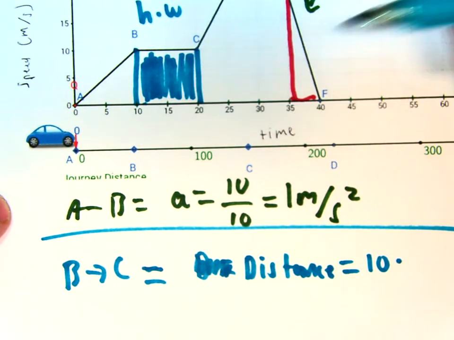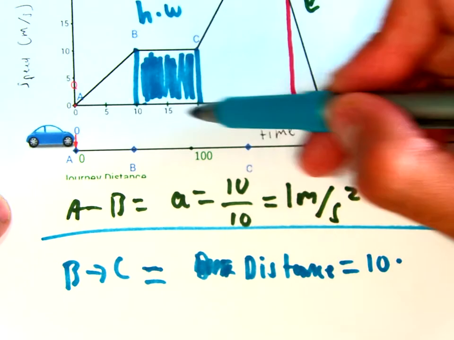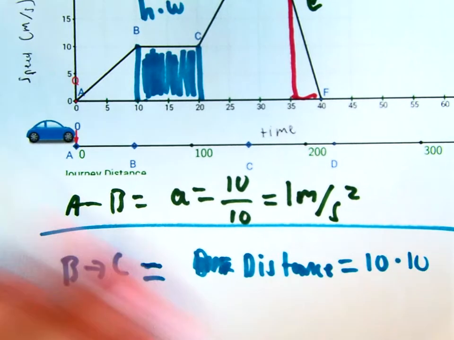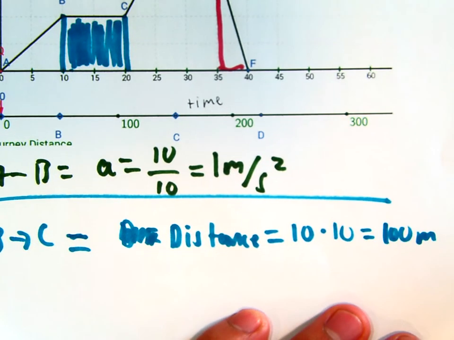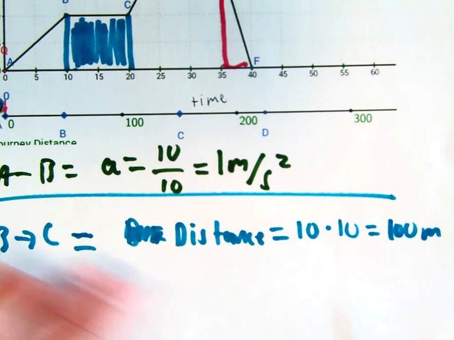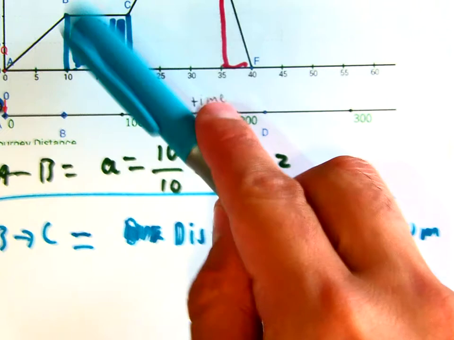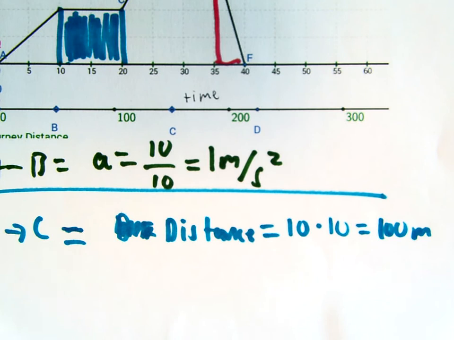Because it's 5 and 5. So my base, or my width, is also 10. So it would be 10 times 10, which is 100 meters. Okay? 100 meters. So that's how we figure out the area covered, or the distance traveled.